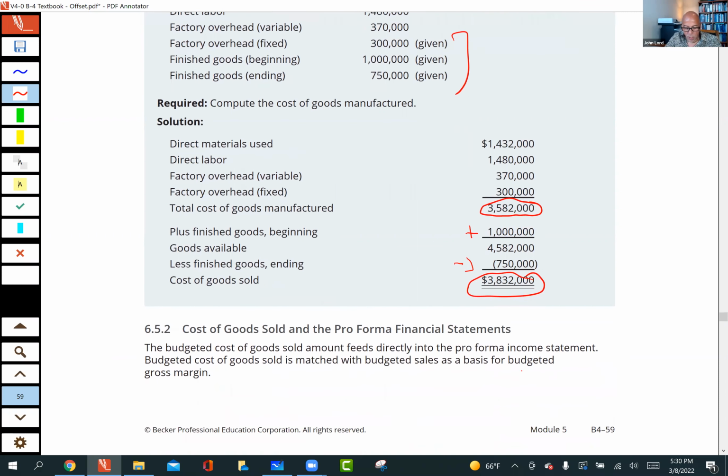Okay, good. Now, when we calculate that cost of goods sold, we would report that on our budgeted income statement. So at this point, we would be able to show our sales minus our cost of goods sold, giving us now our budgeted gross profit. And now we can move on to our operating expenses and start looking at our selling and administrative expenses.